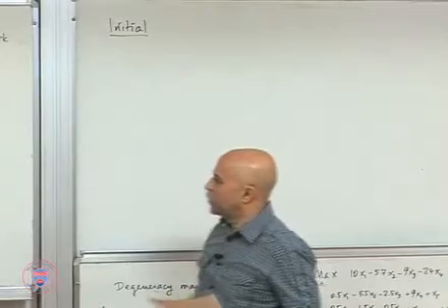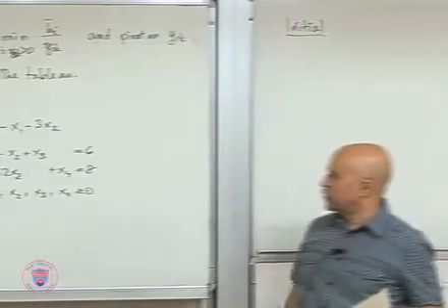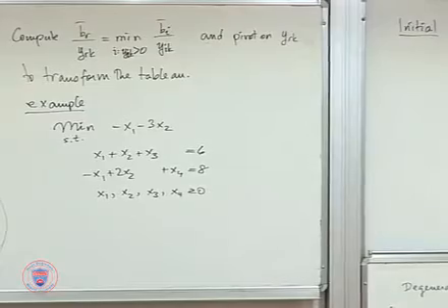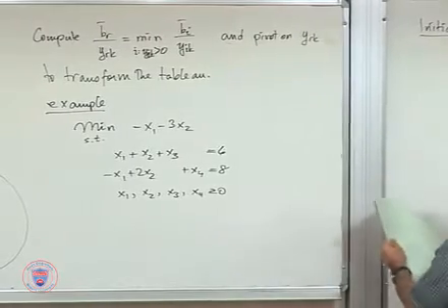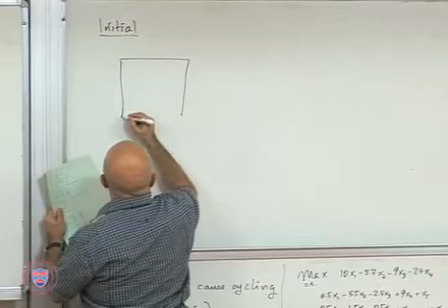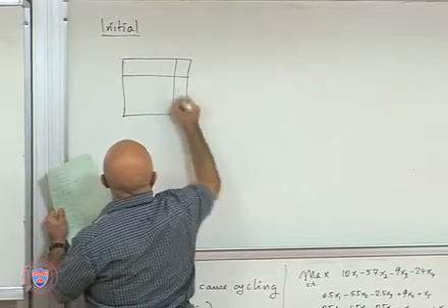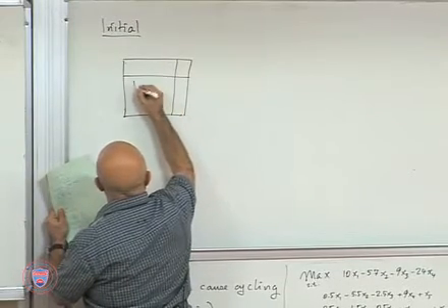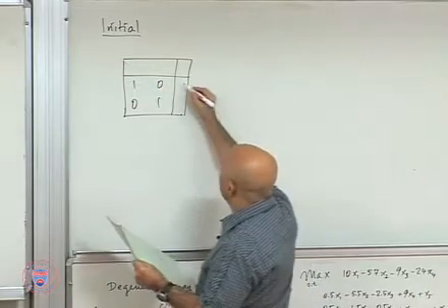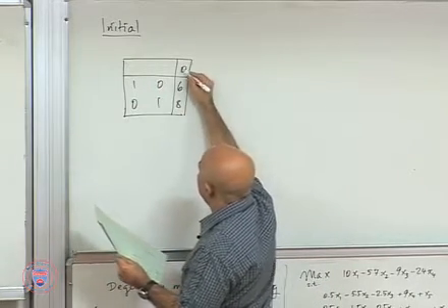All right, so we will begin with x3, x4, which means that the initial basis is identity. This is the same old problem that we worked out before. And so the initial tableau is really simple. It's got the B inverse here, which is 1, 0, 0, 1. 6, 8, 0.